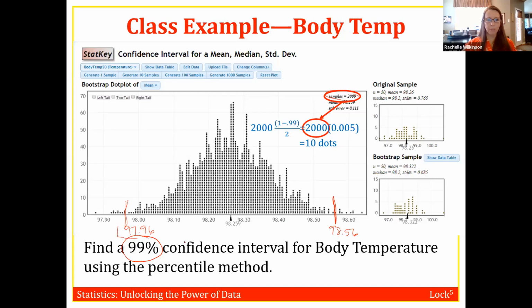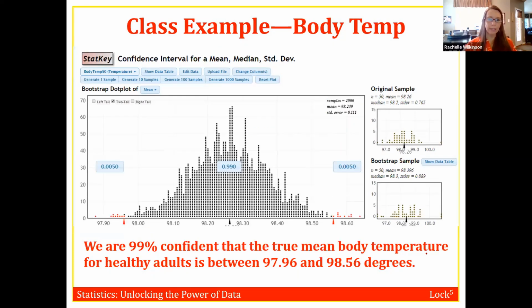So that's going to be my confidence interval, 97.96 to 98.56. So I would say we are 99% confident that the true mean body temperature for all healthy adults is between 97.96 and 98.56 degrees.